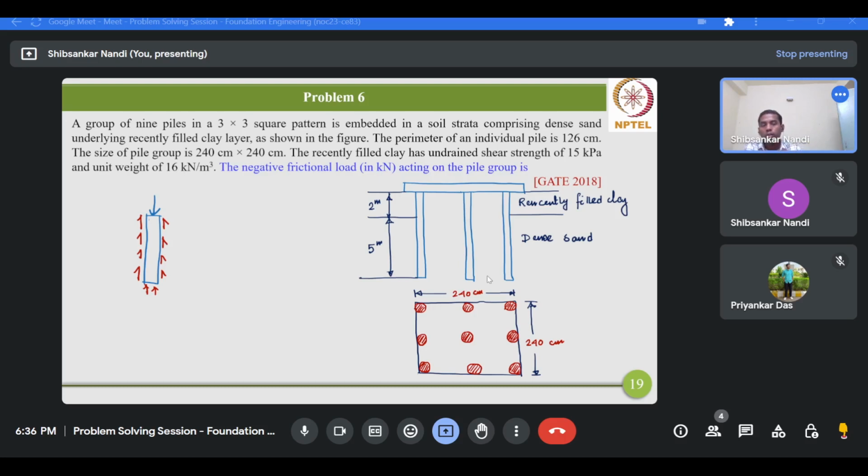Therefore the skin friction along the length of the pile shaft will be acting in the downward direction.